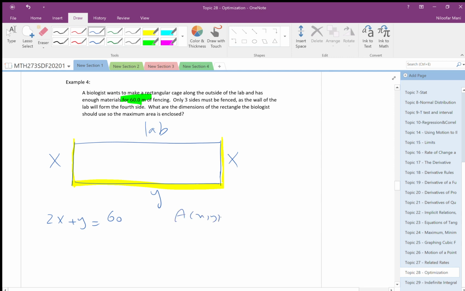And I know A, which is area, is xy, and I want to maximize A. Then I say, okay, I cannot do it with two variables, so I have to remove one. So I find y, which is 60 minus 2x, and I substitute here, and I need to make A of x equal x times 60 minus 2x. Oh, perfect.